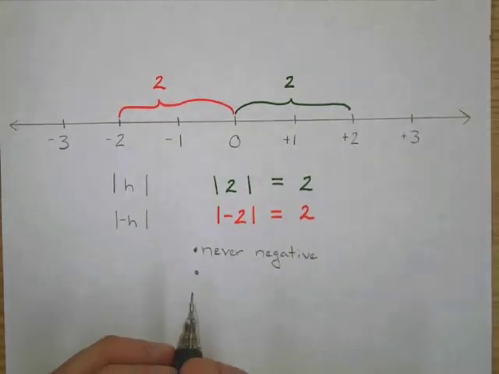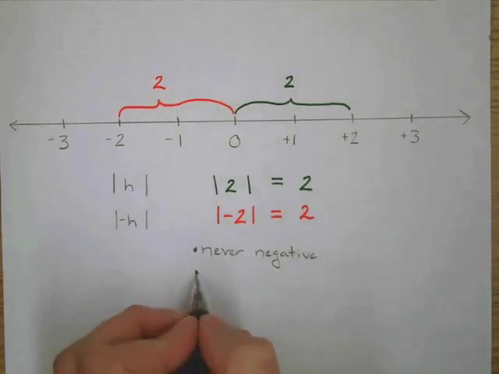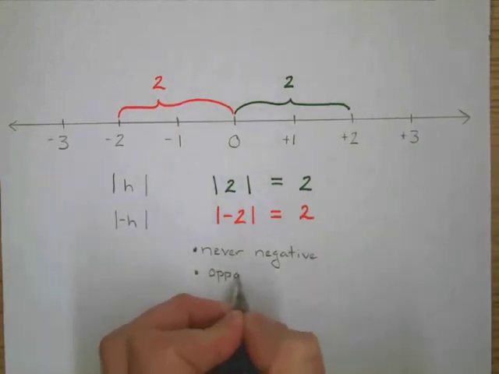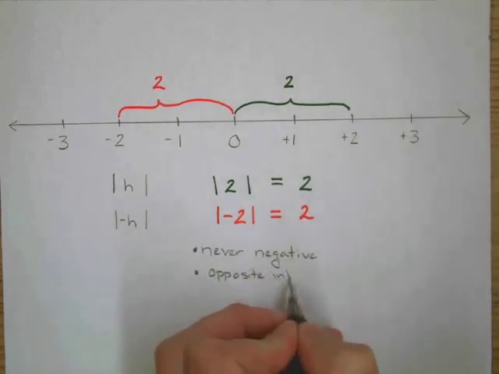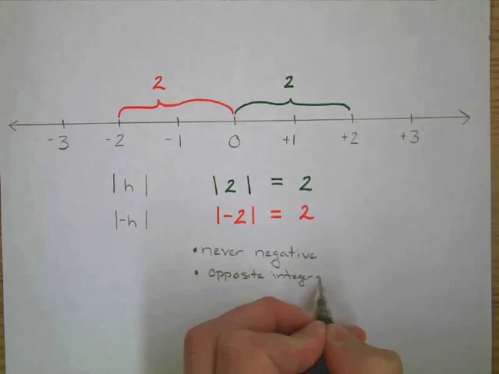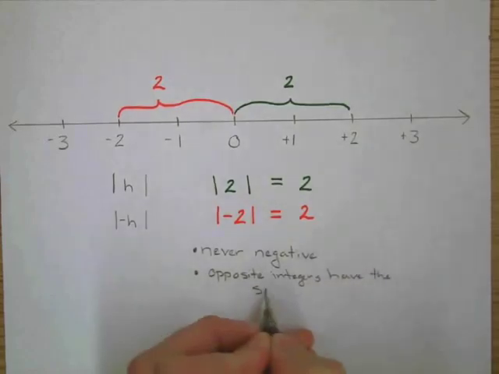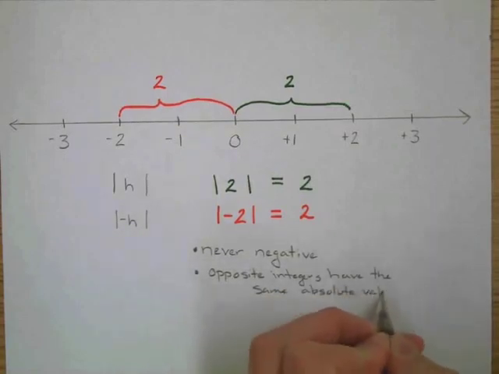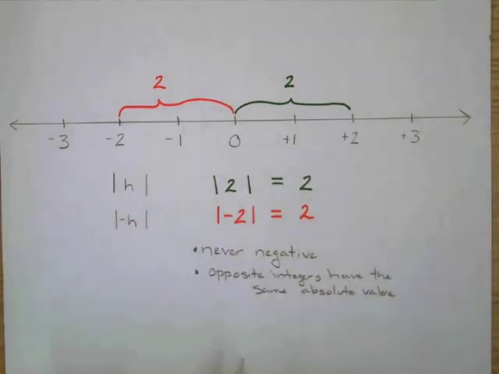So opposite integers have the same absolute value, as we can see with 2 and its opposite, negative 2.